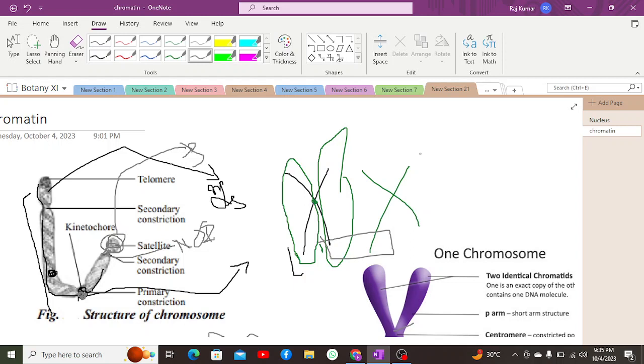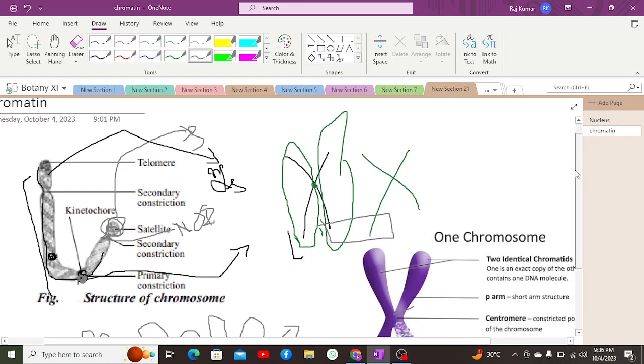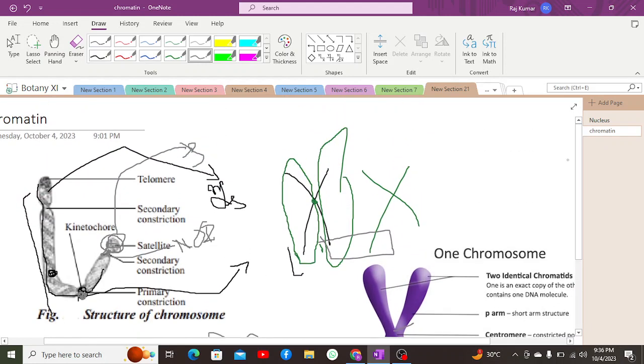Apart from which there is wheat having 42, cotton 52, sugarcane 80, humans 46, and frogs 26. These are the numbers of chromosomes present in several organisms.